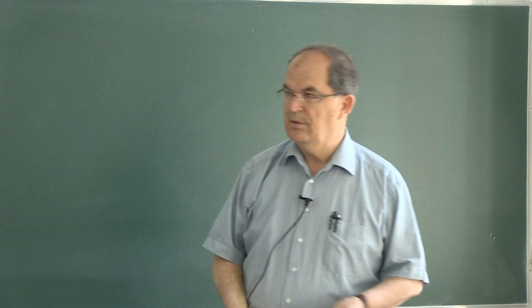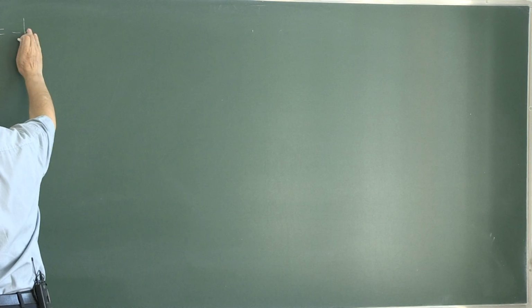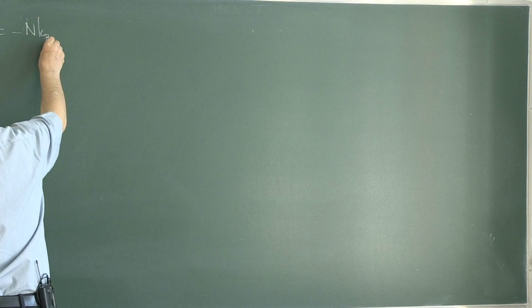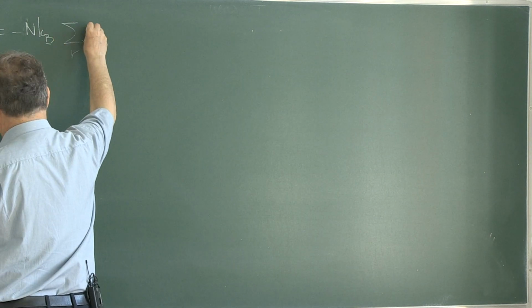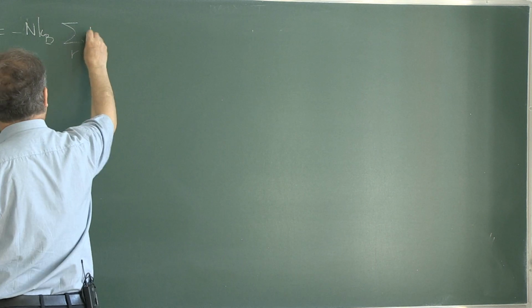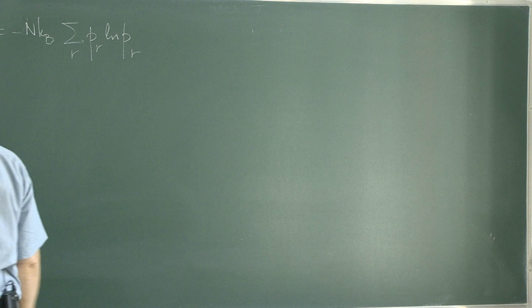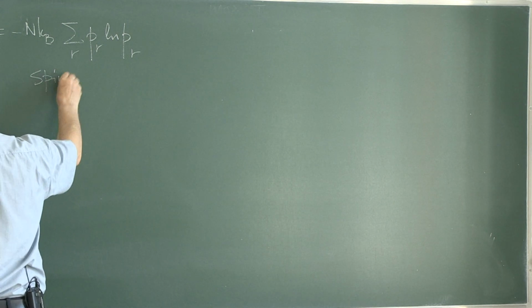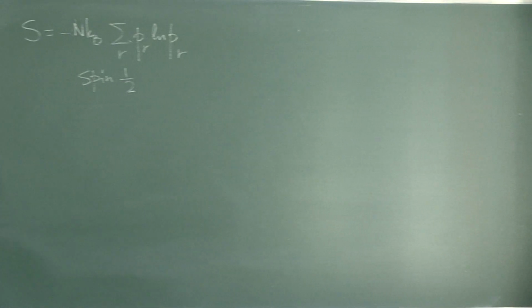There are two states, so let's take that. Entropy is minus N k_B times the sum of p_r ln p_r. Since we are dealing with spin 1/2, let's do that problem. Simplest.